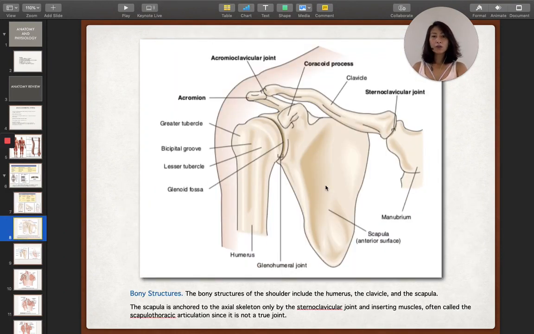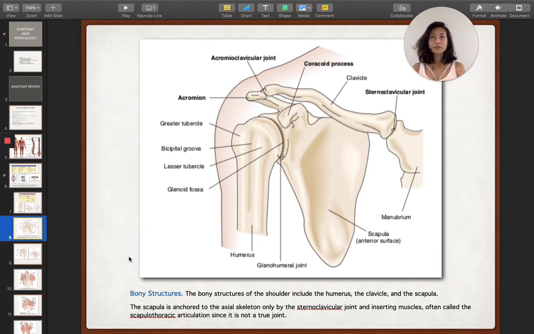Let's look closer at our shoulder area here. There are many words and names of the anatomy, bony structures. Most of our body's anatomy names are Latin, and they are based on size.